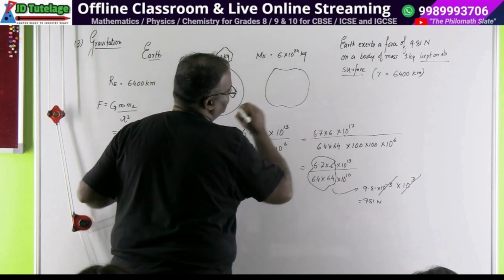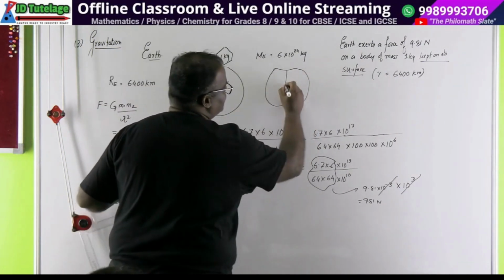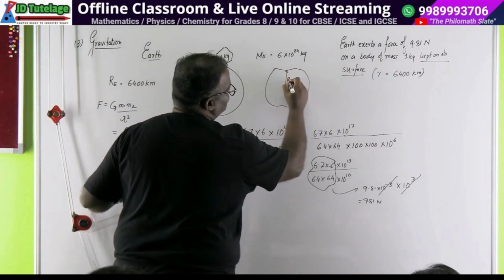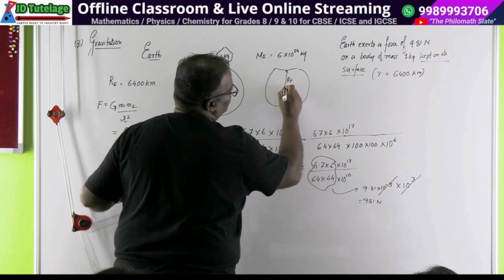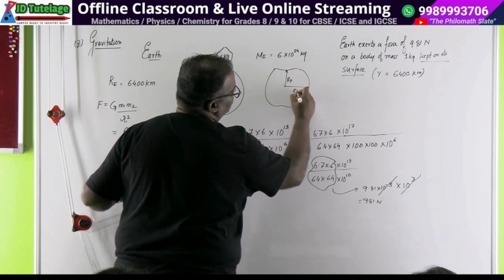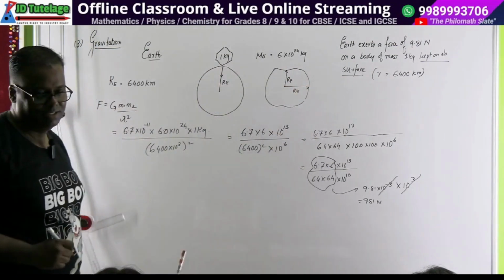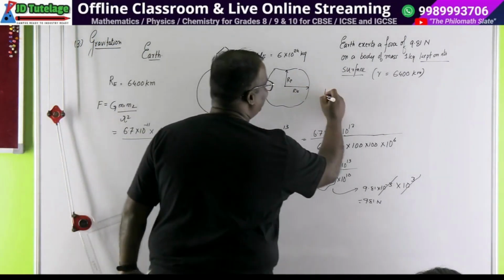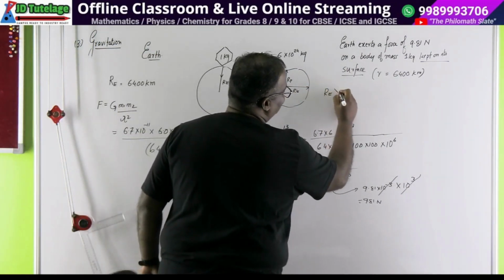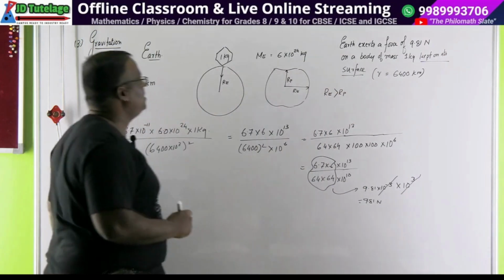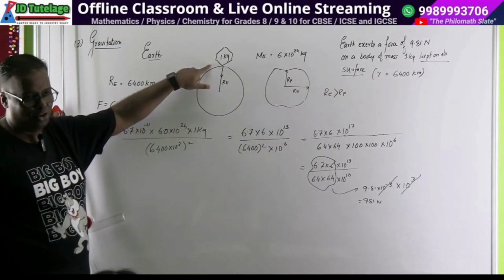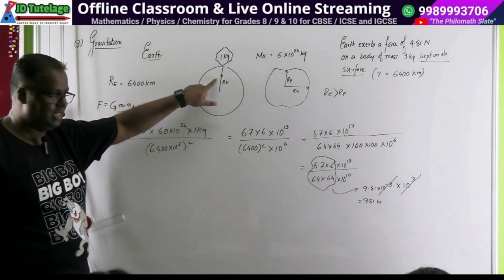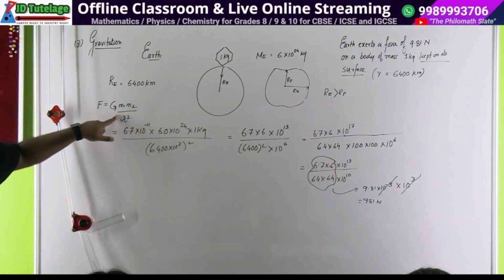Aisa hai na earth? Yaani ki yahan pe jo radius hoga, radius as measured from pole to radius as measured from equator, kaun sa radius zyada hoga? Equator zyada hoga. RE is greater than RP. That means if you stand on north pole, the radius is less. If the radius is less, earth is pulling you more strongly.